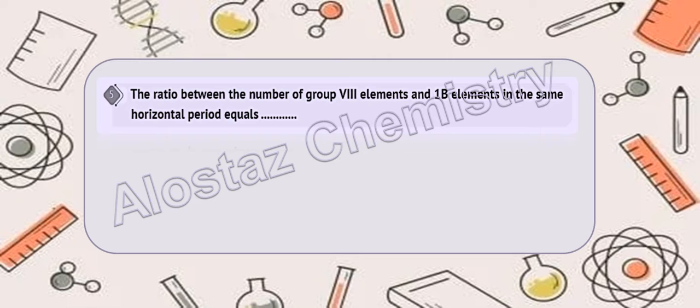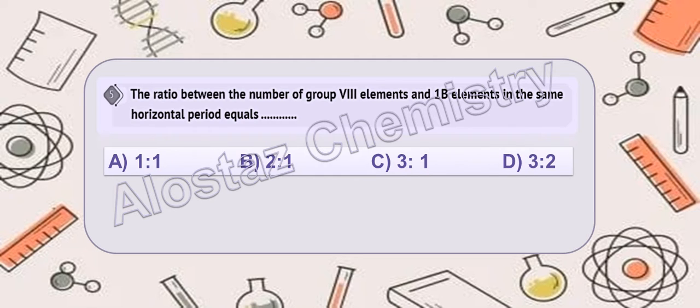Containing 3 groups in one column, or we have 3 columns forming one group only, but here in group 1B we have one element or one column only. We have choices here, the ratio between them: 1 to 1, 2 to 1, 3 to 1, and the last one 3 to 2.